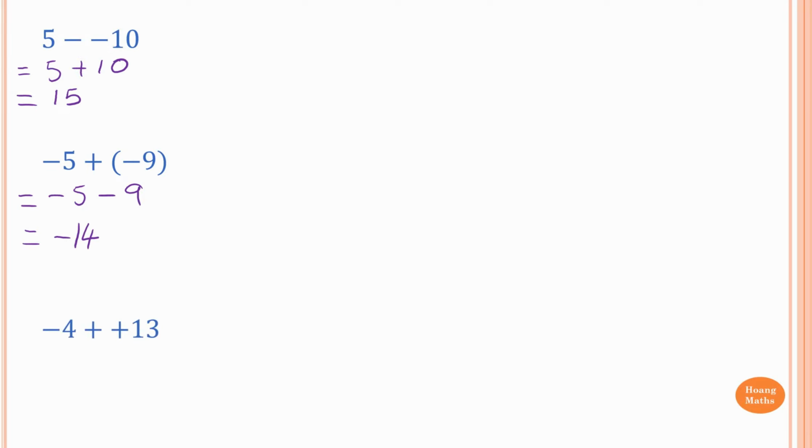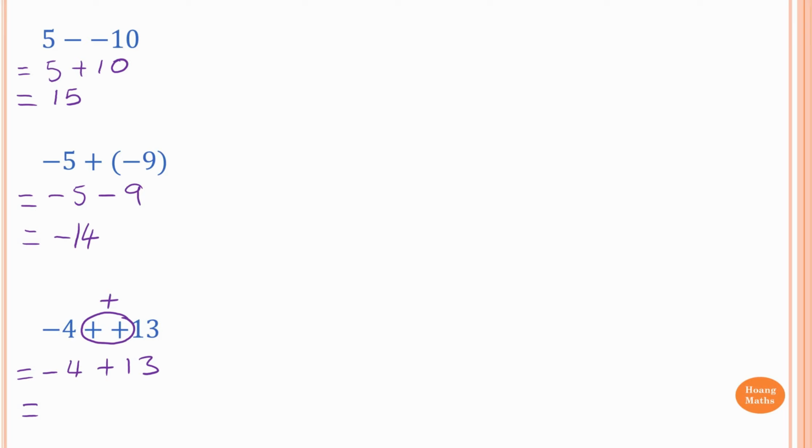Next one. First of all, we have two positives next to each other, so the answer is positive first. And this becomes negative 4. I just write this down. It's important to do one step at a time. So that's 13. Now negative 4 plus 13.